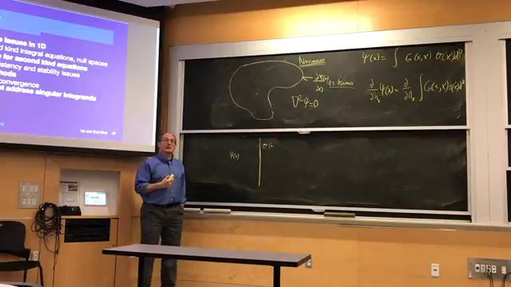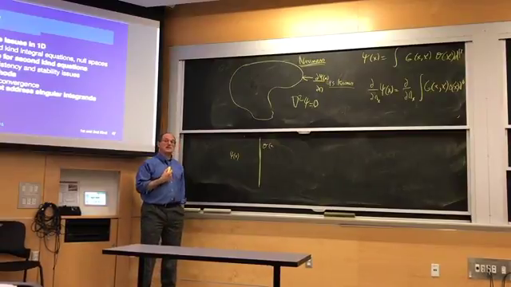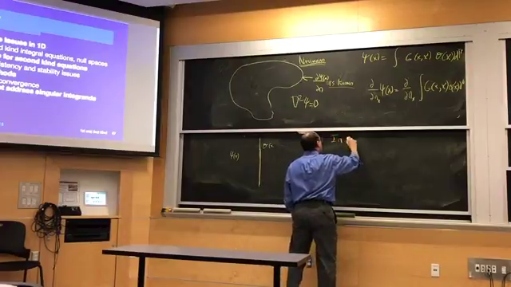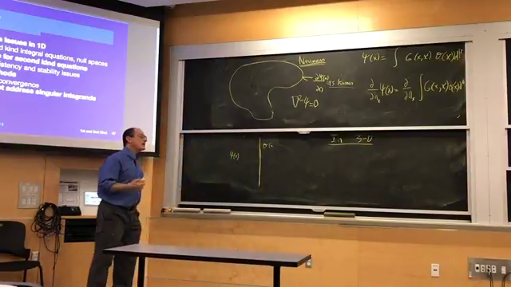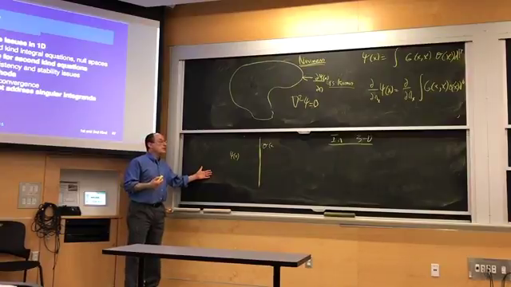What do I expect it to look like? In 3D, it's easy to think about. We can get some intuition from 3D, and then I'll stop there and we'll do it a little more precisely at the beginning of next time. What do you think it would look like in 3D?